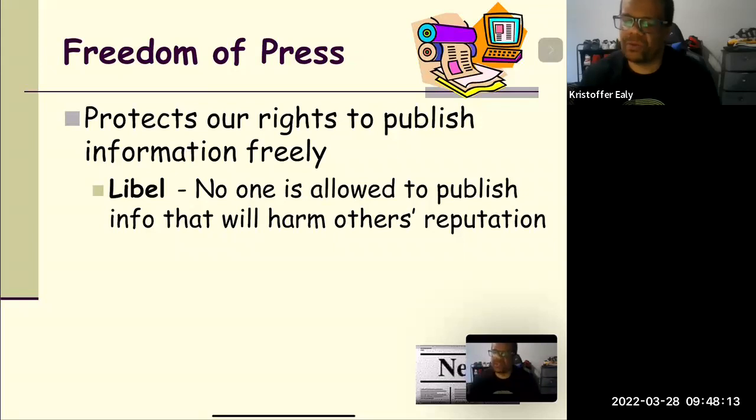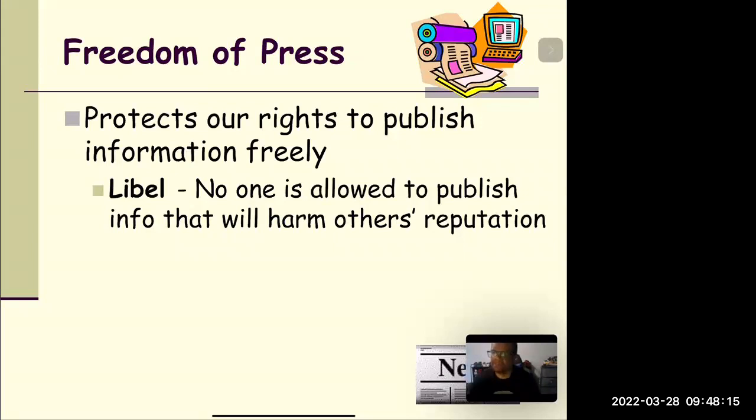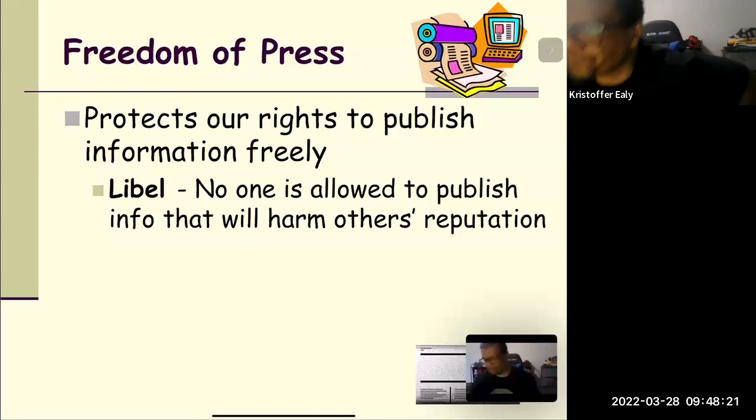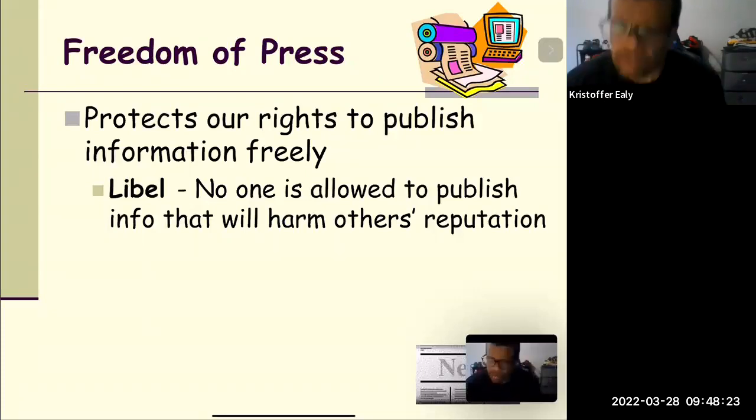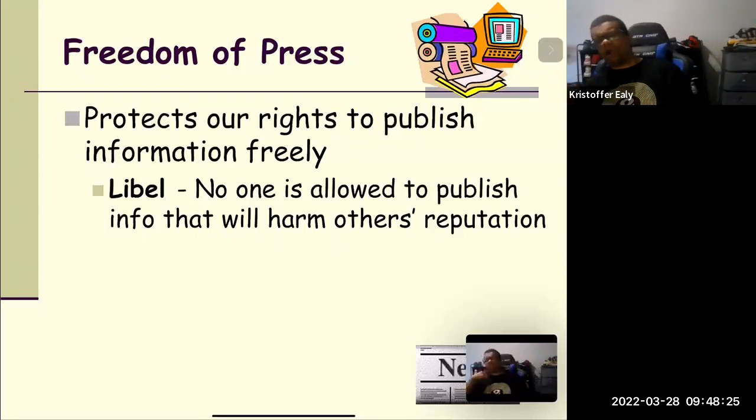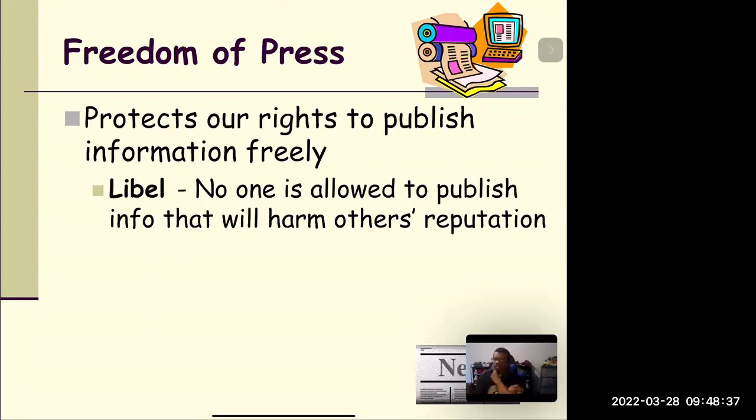Why is it the restaurant owner? Because he published something that would harm his reputation. Okay, so why is there harm, why is the Yelper wrong in this situation? How did he harm the restaurant's reputation? His word choices were intended to harm the reputation.